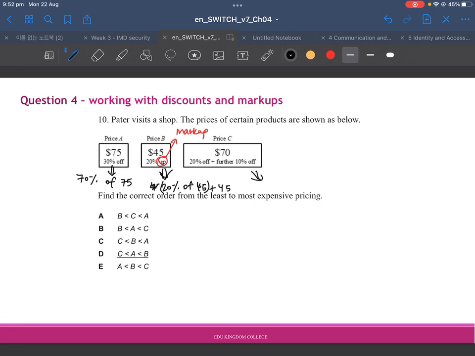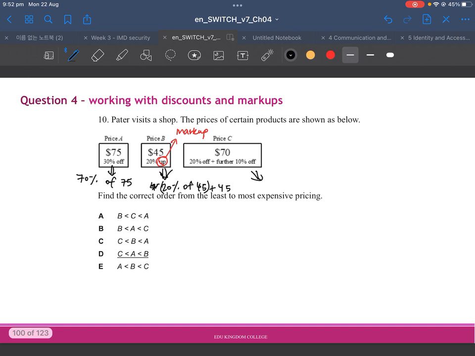20% off and then a further 10% off. Now guys, I want you to be extremely careful here, because you can't add the 20% and the 10% and say, oh, then what's 30% of 70, and expect that to be the same answer. No. Why?